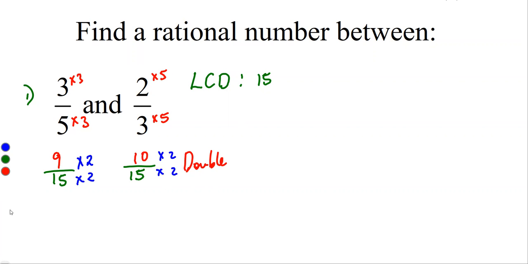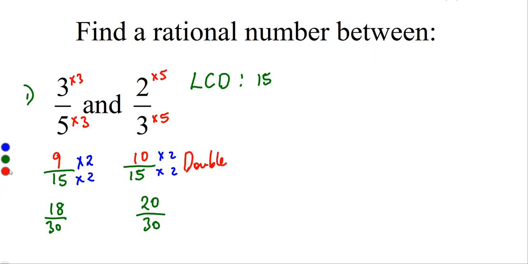When you double here, your answer is 18 over 30, and 20 over 30. Now, you can see that you have a number that is between those two values. You have a number that is between 18 and 20, which is 19.